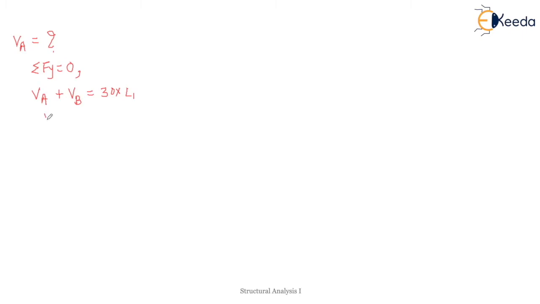So VA will be this 30 into L1, 22.54, minus 147.58. So your VA value will be 528.02 kilonewton.